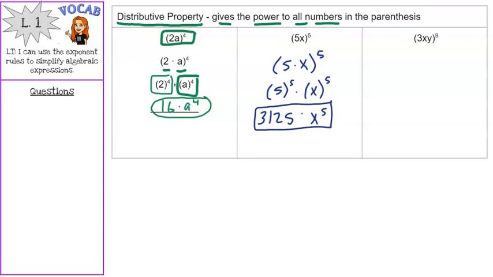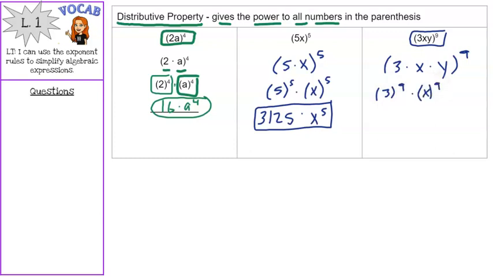Now, sometimes there will be more than 2 things in the parentheses. So you can see here we have 3 times x times y. And that's okay. We still apply the same concept. We just have 3 numbers in the parentheses instead of 2. So again, the exponent gets applied to all the different pieces in the parentheses.